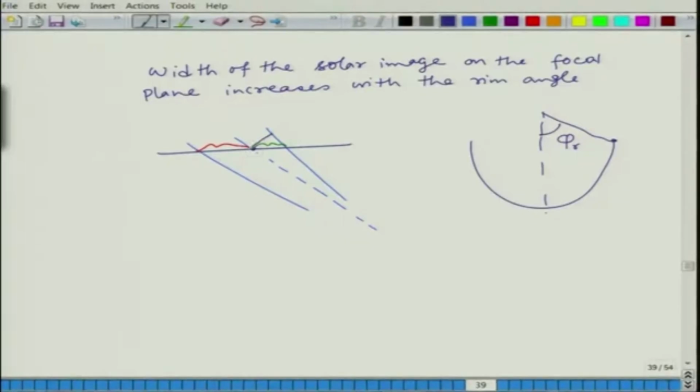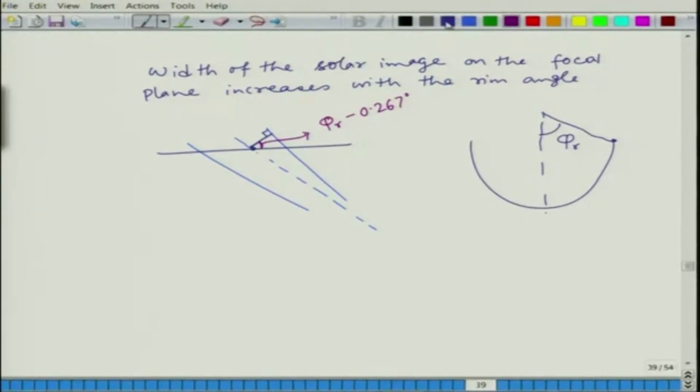If you draw a perpendicular from the focal point to one edge of the cone, let us say this is the perpendicular we are dropping, this angle will be phi r minus the half cone angle, which is 0.267 degrees.